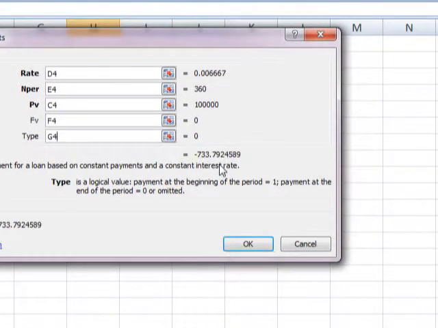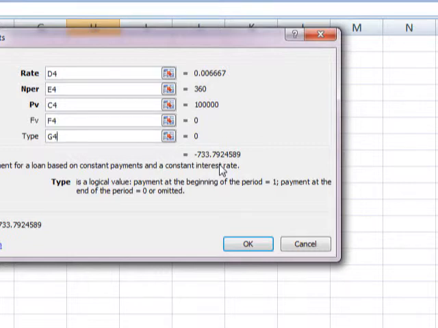That's the monthly payment. We can see the monthly payment is negative. That means that's the money, it's not inflow, it's outflow. That means this money we're going to give is not yours. That explains why this value is negative.